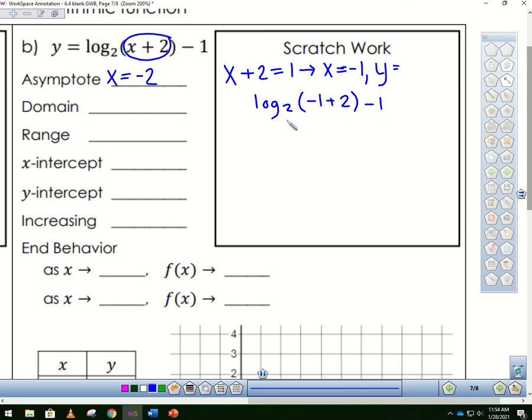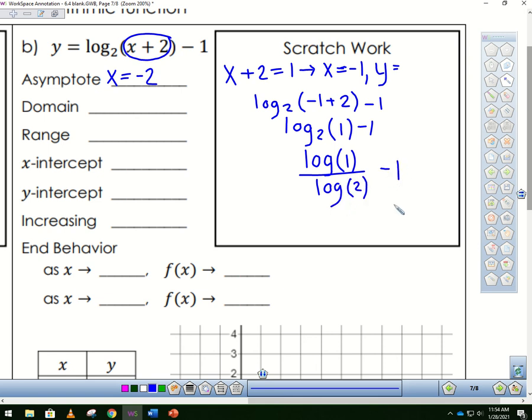So that's going to be log base 2 of 1 minus 1, which comes out to be log of 1 over log of 2, minus 1.